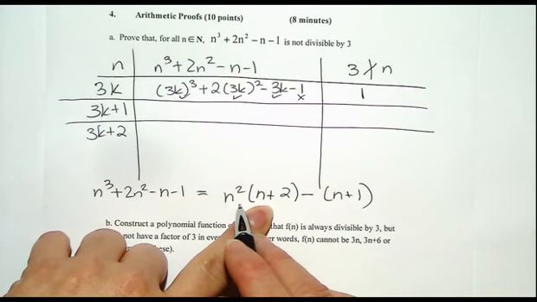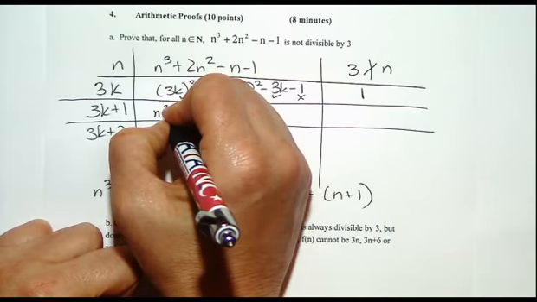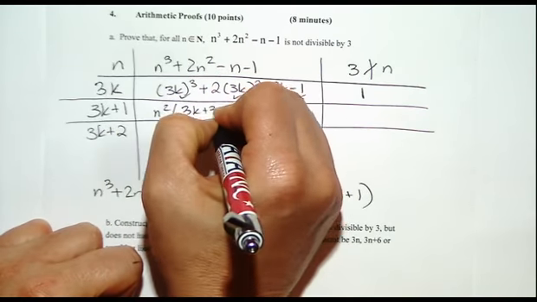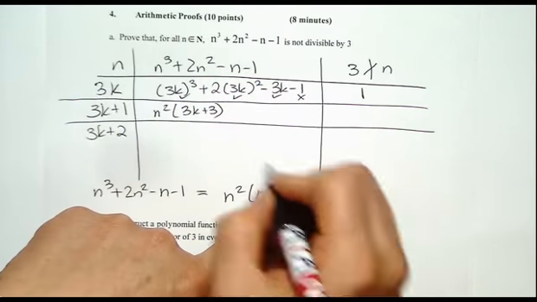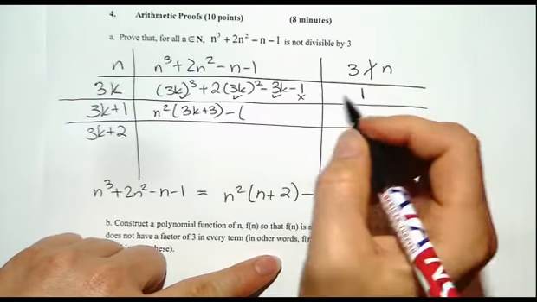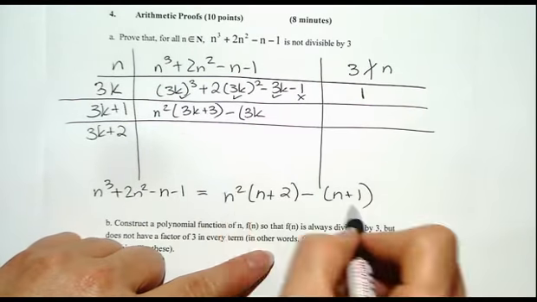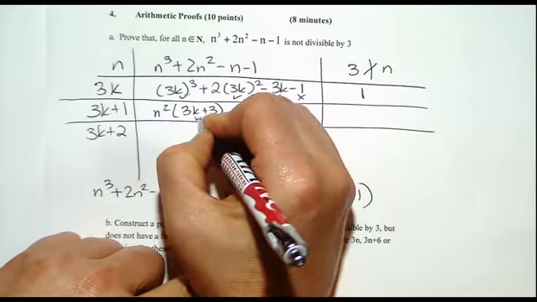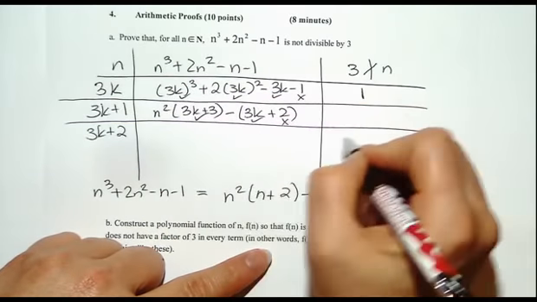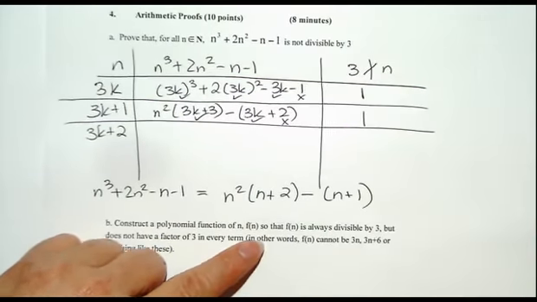So I don't need to figure out what n squared is in the second row. So this is going to be n squared times 3k plus 3, minus 3k plus 2. So this is divisible by 3, that's divisible by 3, that's not. So 3 doesn't divide n.